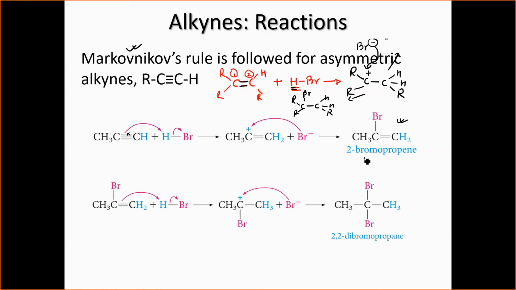Once it forms this compound, remember that there's one sigma bond and one pi bond. The pi bond further adds hydrogen bromide to give you this type of compound.